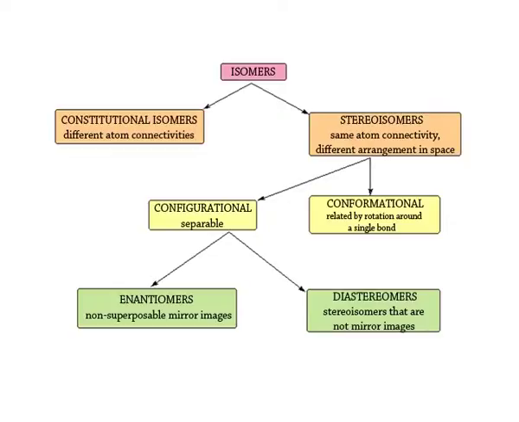Then stereoisomers are further classified in two. First is configurational, means separable, and conformational, related by rotation around a single bond, where configurational is further classified into enantiomers and diastereomers. Enantiomers are non-superimposable mirror images, whereas diastereomers are stereoisomers that are not mirror images. Okay, now we will further proceed to our topic.